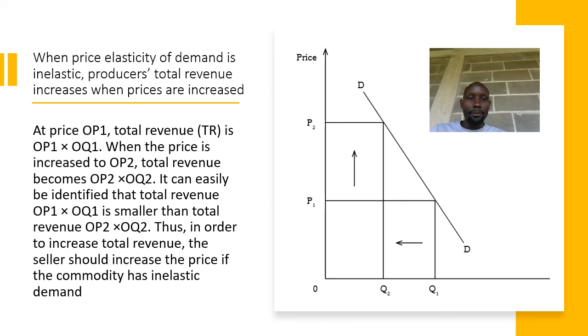It can easily be identified that total revenue OP1 times OQ1 is smaller than total revenue OP2 times OQ2. Therefore, in order to increase total revenue, the seller should increase the price if the commodity has inelastic demand.